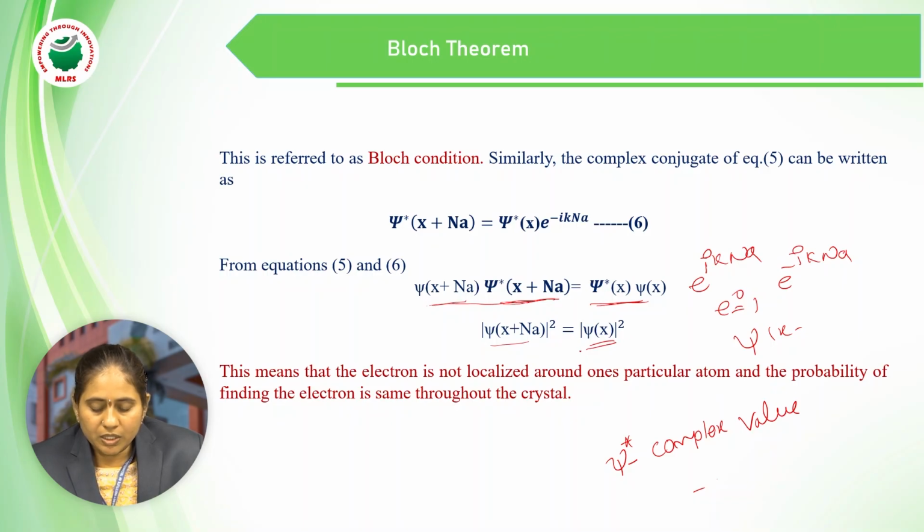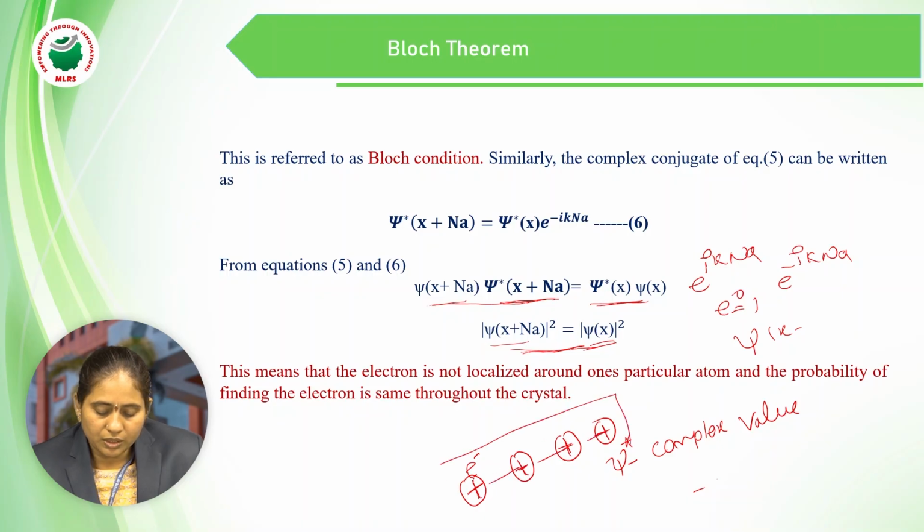So what is this condition? This condition says that the electron is not localized in a particular atom; the probability of finding the electron in the whole crystal is the same. The electron is not localized to a particular lattice ion or atom; it belongs not only to a single nucleus but to all the nuclei existing in the crystal.